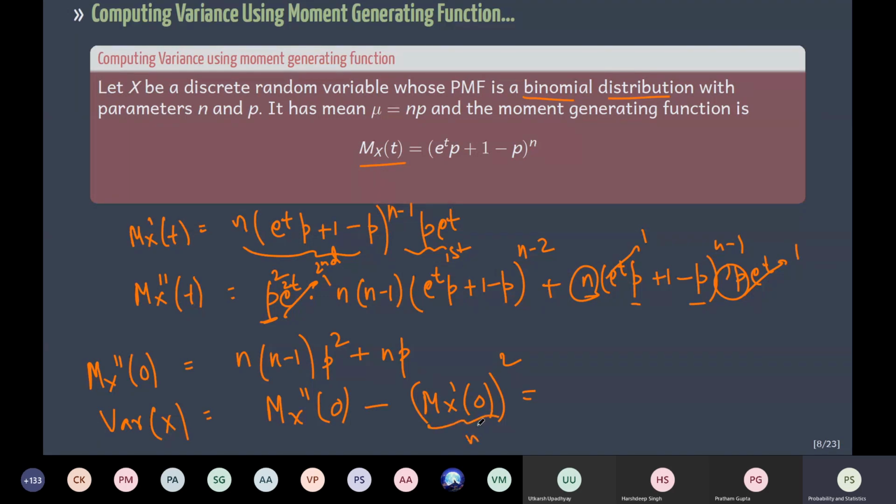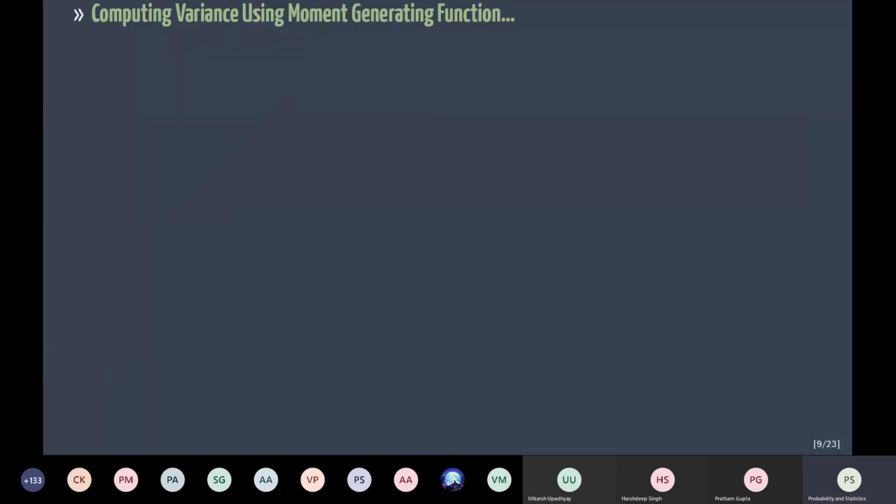This we know was np, so this will become np squared. So we have n minus 1 p squared plus np minus the expectation, which is np, whole squared. So this will be np times 1 minus p. So this will be the variance of the binomial using the moment generating function.